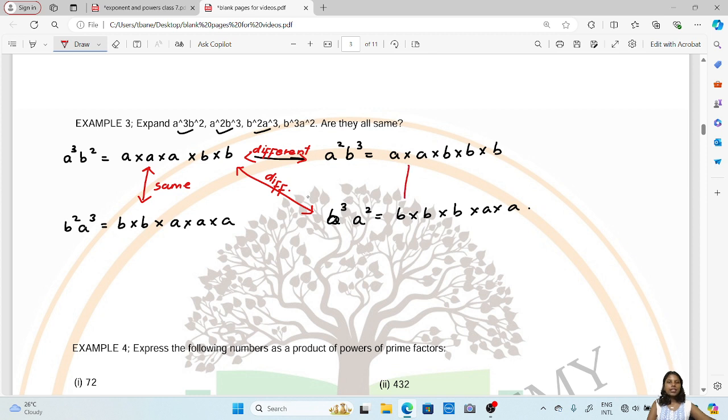So this and this are the same because their powers are the same. Then this, maybe we can match with something. No, these two are the same. And this one is the same with this one. Is this one matching this one? No, these also are different. Okay, so we have found one pair each which are similar to each other and the rest are different from each other.